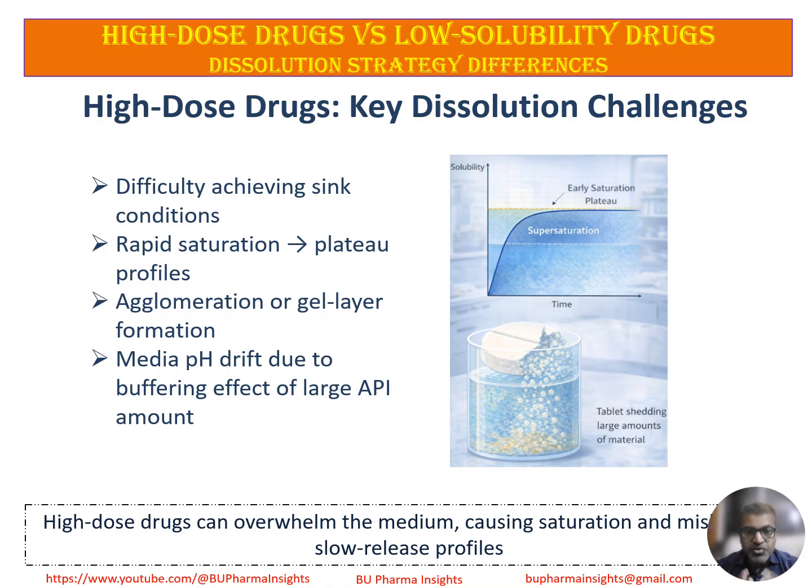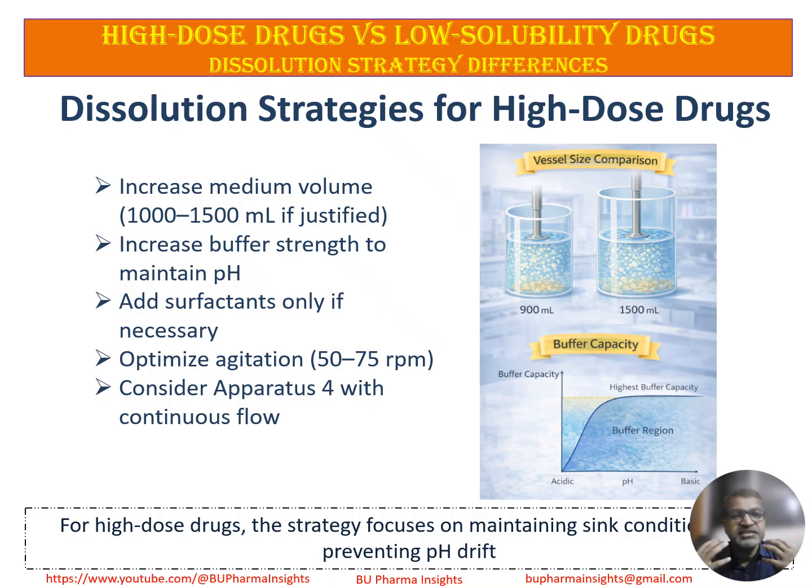High API load can cause agglomeration or thick gel layer formation. Large doses can also shift media pH, so buffering must match the drug's acid base nature. That's why achieving true sink condition is critical for meaningful dissolution data. When sink conditions are difficult, increasing volume is preferred over adding surfactants if justified.